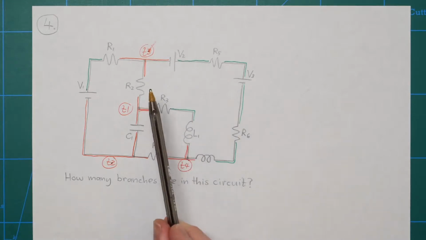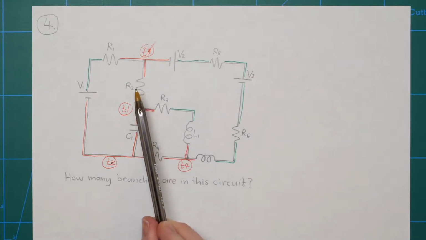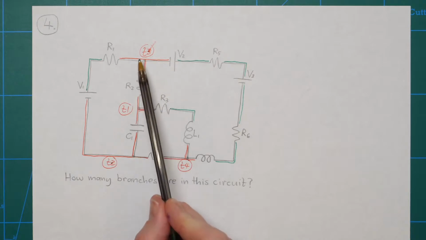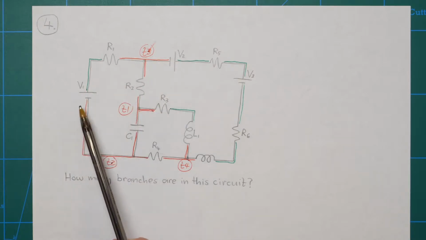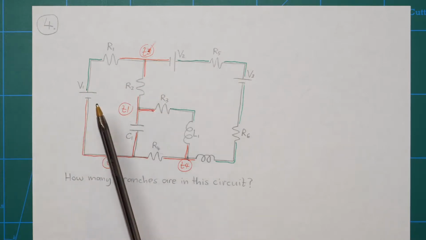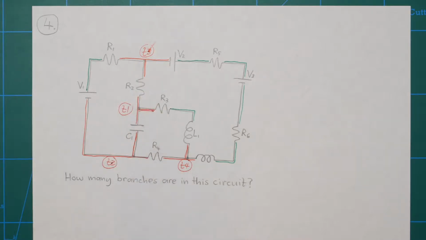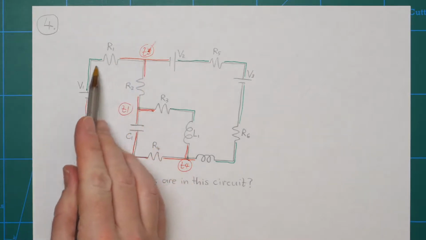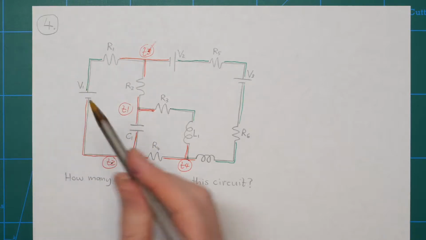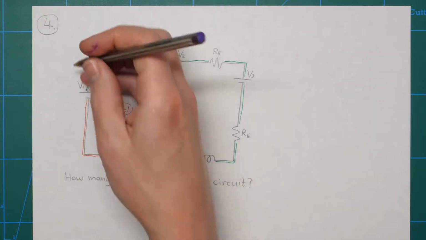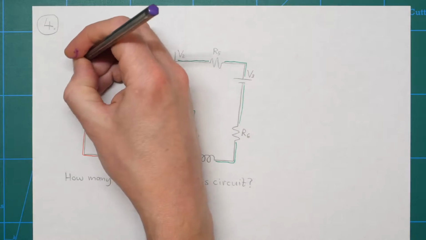So now what we're interested in identifying is what are the paths which begin and end at different true nodes without passing through any other true nodes. So I'm just going to count them up. Maybe I'll mark them off in a different colour here so that I can keep track of them. So we've got one branch here going from true node 3 to true node 2. So that's 1.